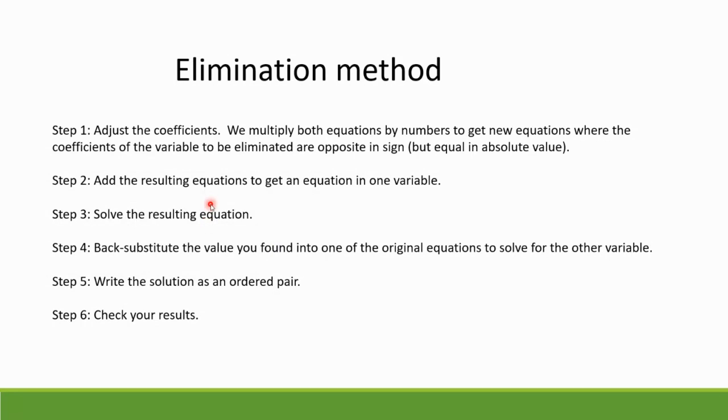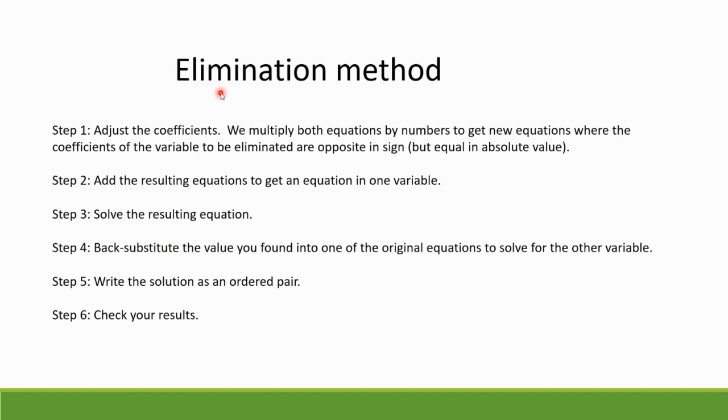What you basically are going to do is, as indicated here, multiply the equations by numbers to adjust coefficients so that when you add the equations, a variable goes away. We'll see some examples of that.